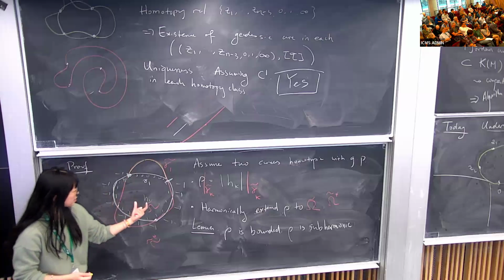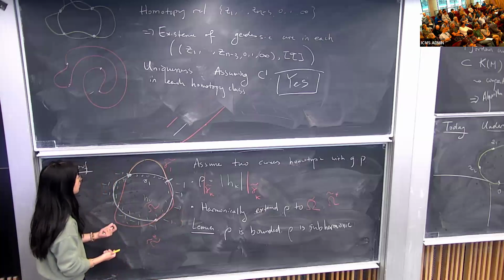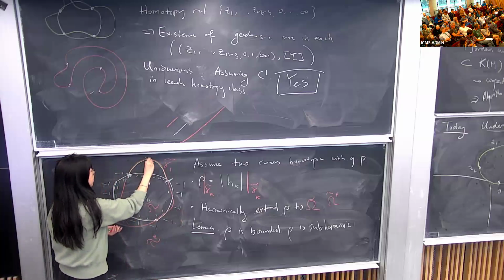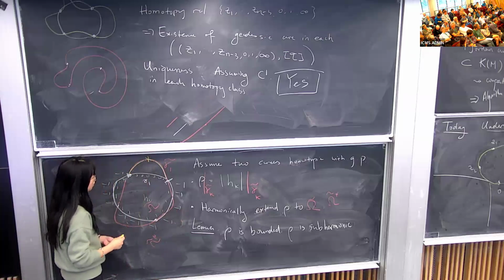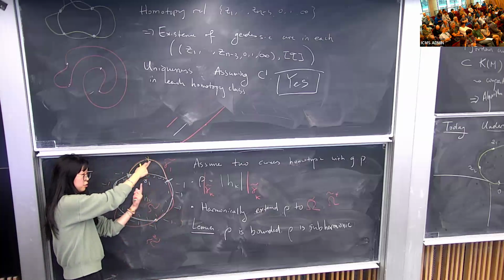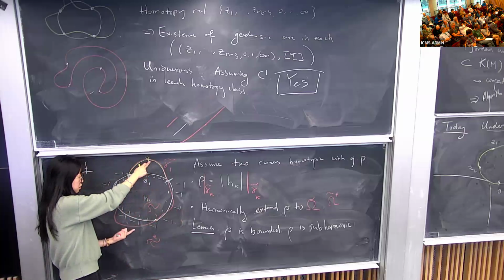Okay, so what subharmonic means is that if it is subharmonic at this point, it will be smaller than the harmonic average of the value elsewhere.